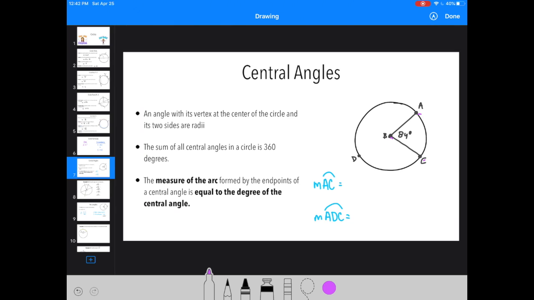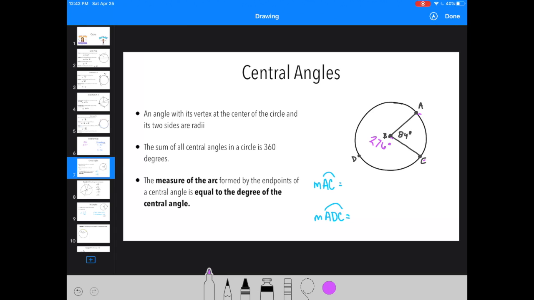ABC is 84 degrees. If that's 84 degrees, what is this angle on the opposite side going to equal? Well, I can take 360 minus 84, and that opposing angle is going to be 276 degrees because I took 360 minus 84.